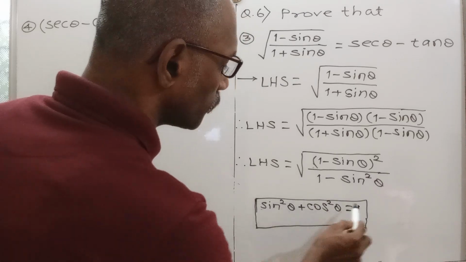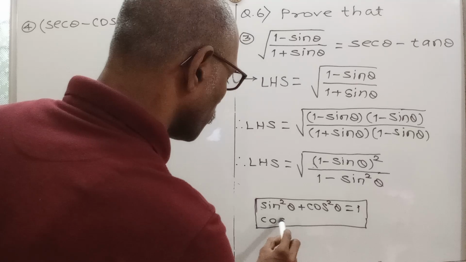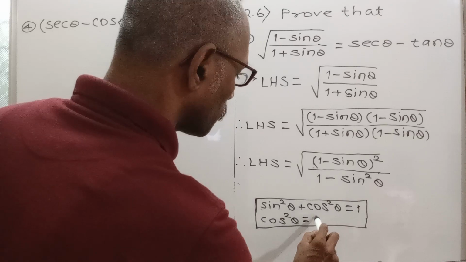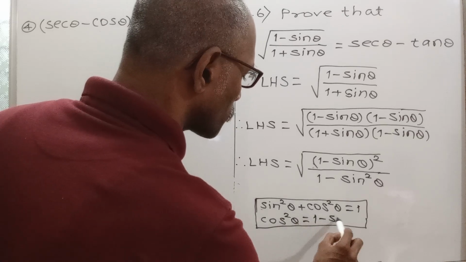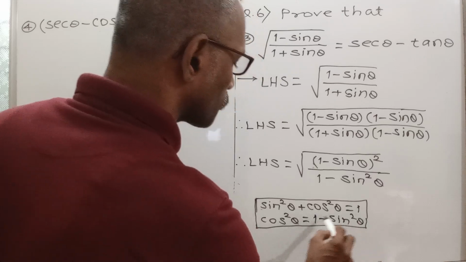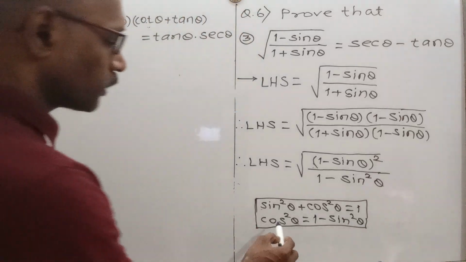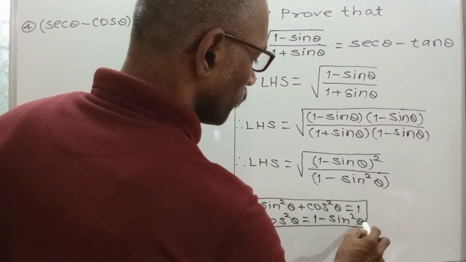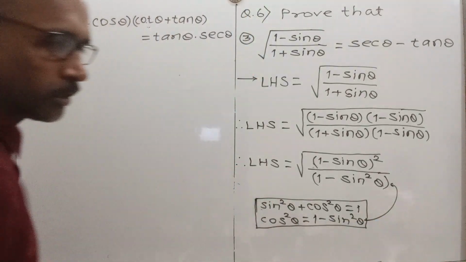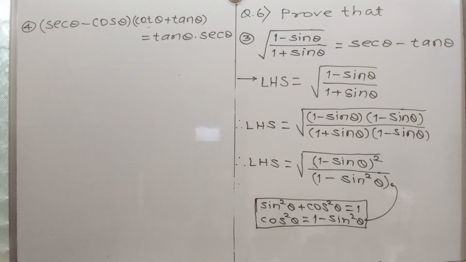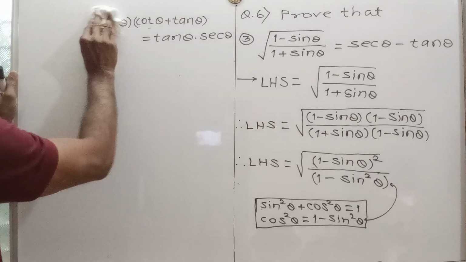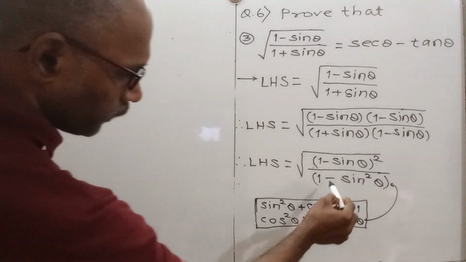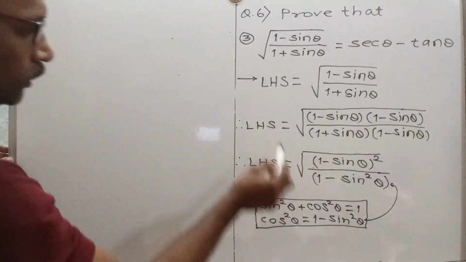We take this sin square theta to the right side, so it becomes minus, and we obtain cos square theta is equal to 1 minus sin square theta. So instead of this bracket we put cos square theta. Did you understand?